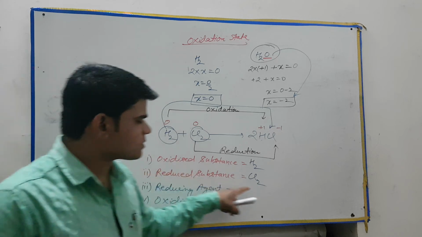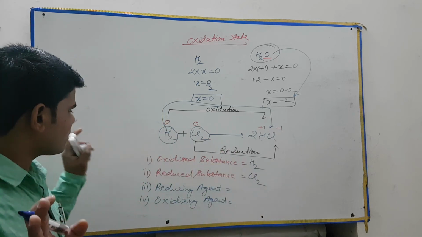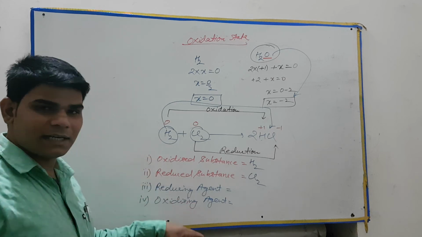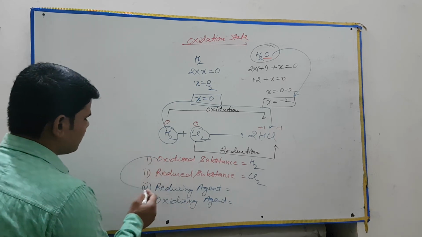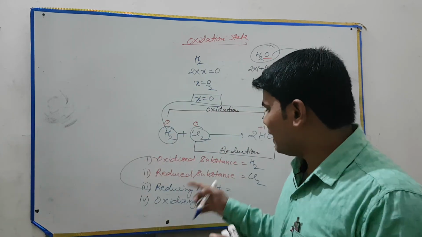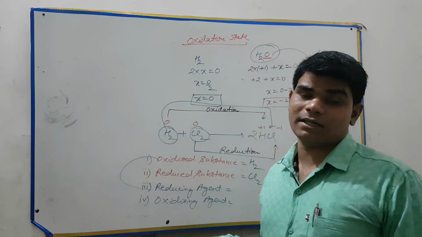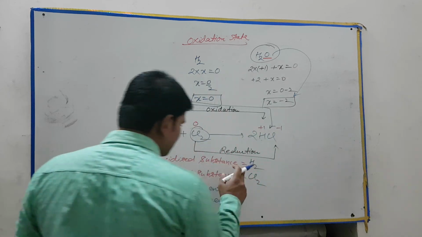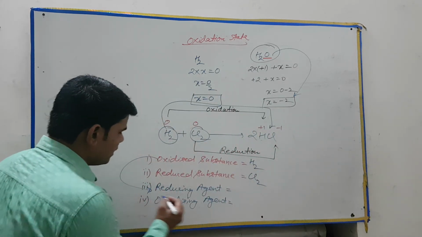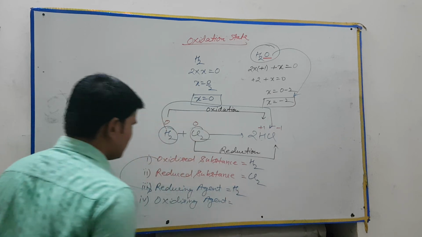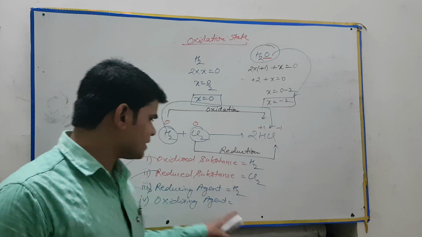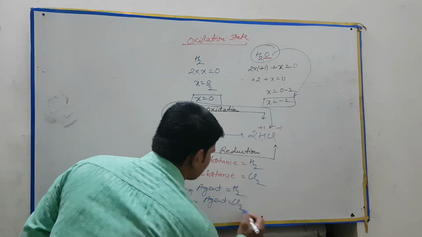Students, also remember that for the reducing agent, the species is the same as the oxidized substance. So the oxidized substance is H2, and the reducing agent is also H2. The reduced substance is also known as the oxidizing agent, that is Cl2.